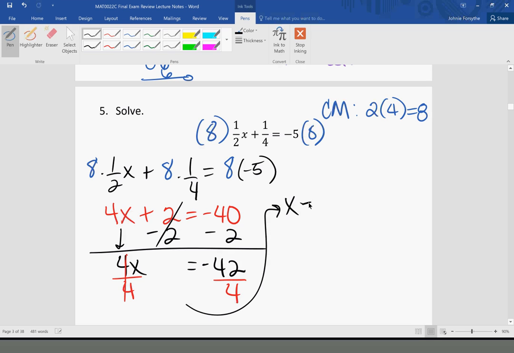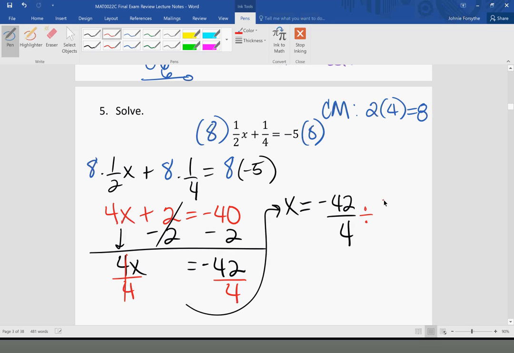So x equals -42 divided by 4. Now you can reduce this. It says it wants it as a reduced fraction, so you have to reduce it. So you're thinking about what numbers can be divided evenly into both of these. If they're both even, you know 2 can go into both of them. So let's start with that.